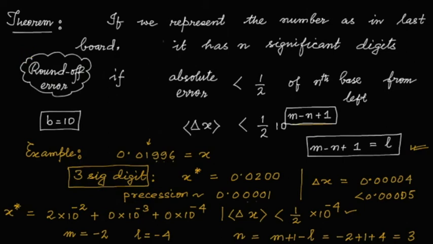Okay, so round-off error will have this property. Let's see what happens to the absolute error.